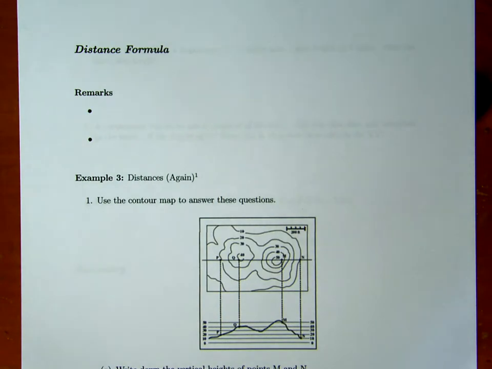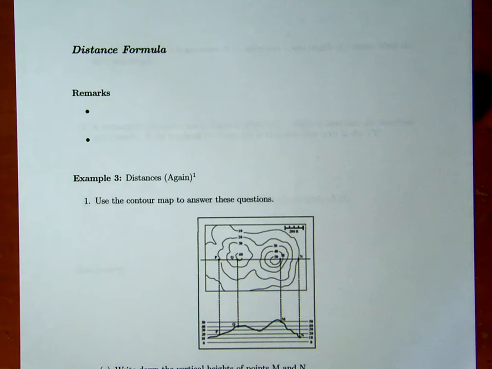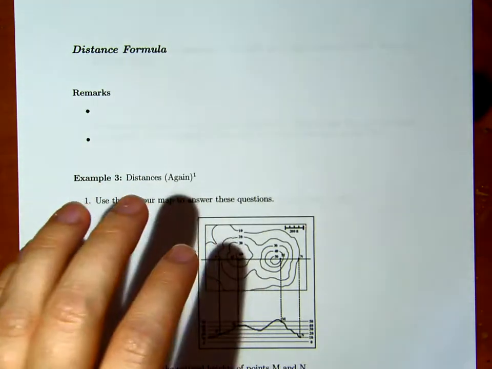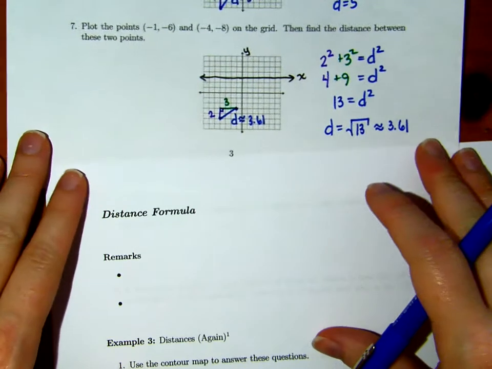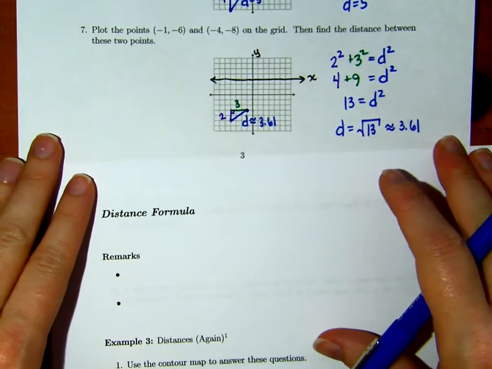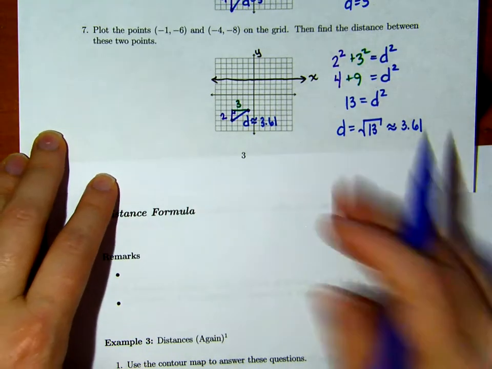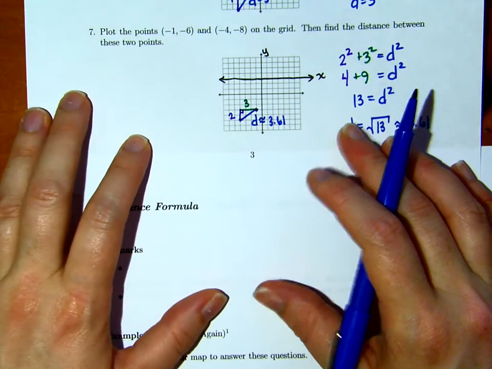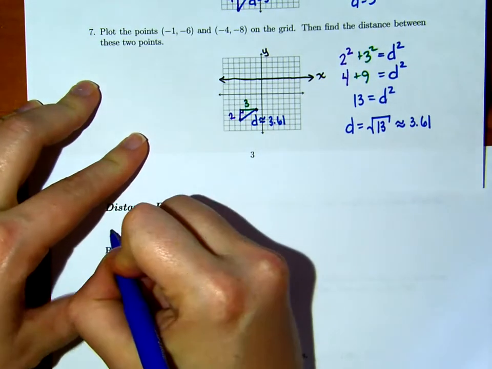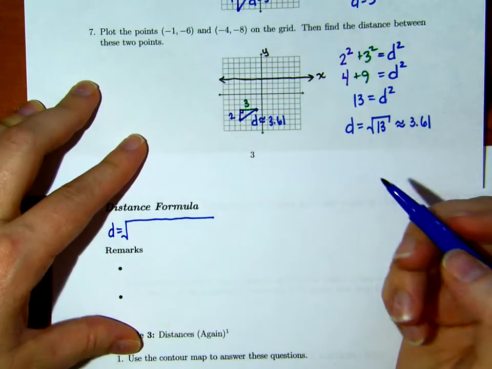So it seems to me, in order to find these distances, I'm going to use this example to kind of pave my way here. Well, we had to take the square root because it was a square. So in the end, we definitely need a square root. So d equals square root.